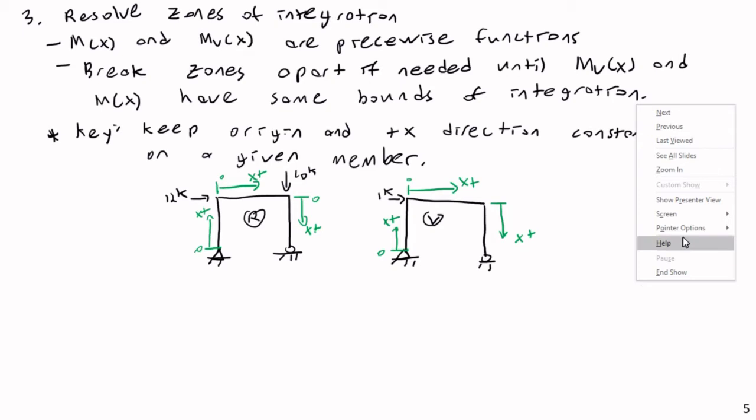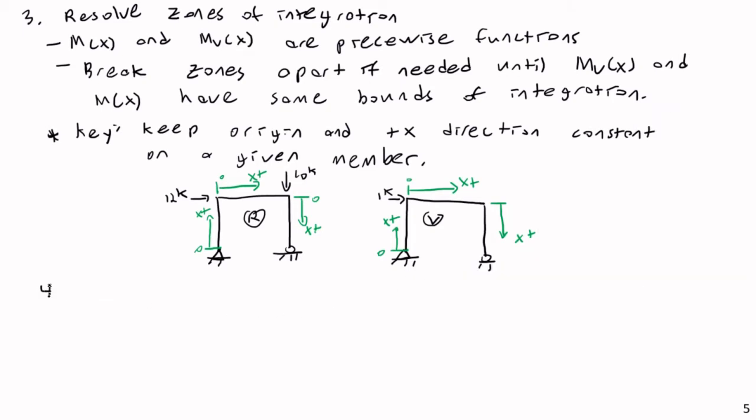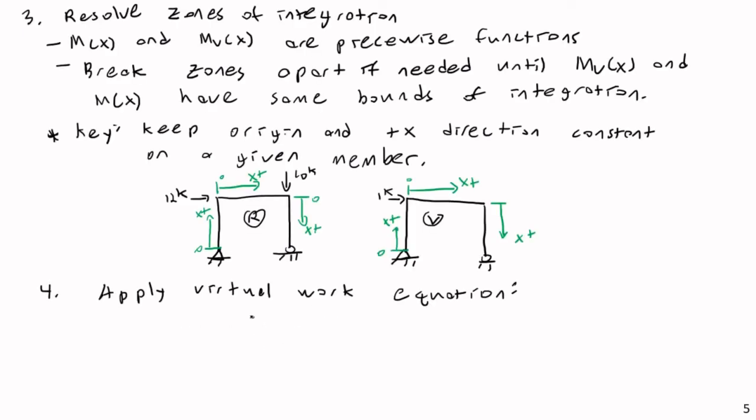Okay, hopefully fairly straightforward. And then finally, step 4. Step 4 will be to apply your virtual work equations. Depending on whether you're looking for slope or deflection, you'll simply choose the appropriate one. You'll apply the appropriate virtual work equation.